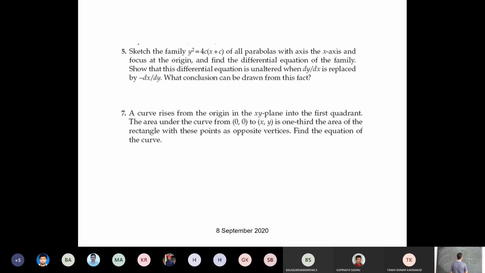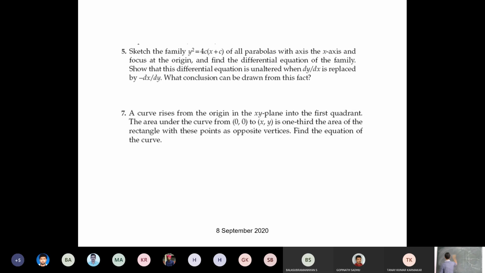And the directrix is going to be x equal to minus 2c. This is going to be my directrix. So basically this is x, this is y. Is it okay? Y squared. Yeah. So this is y squared equal to 4c x plus c.